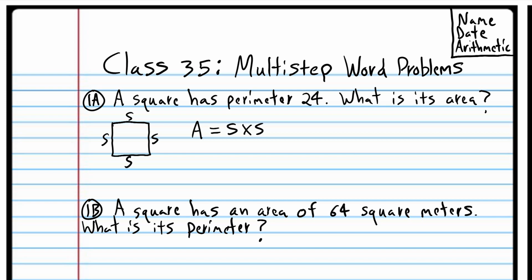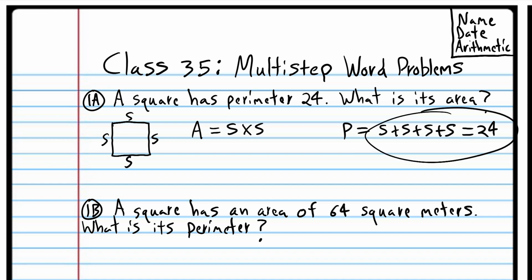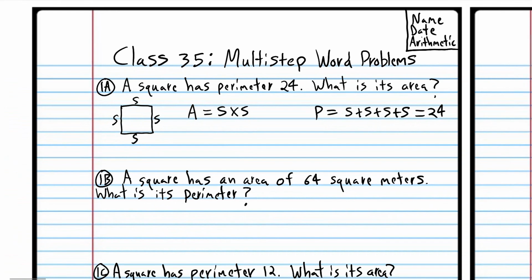But if we know it's a square and all the sides are the same, and we know the perimeter, the sum of all the sides is 24. So P equals S plus S plus S plus S, and we know that equals 24. We can use this information to find how long each side is.